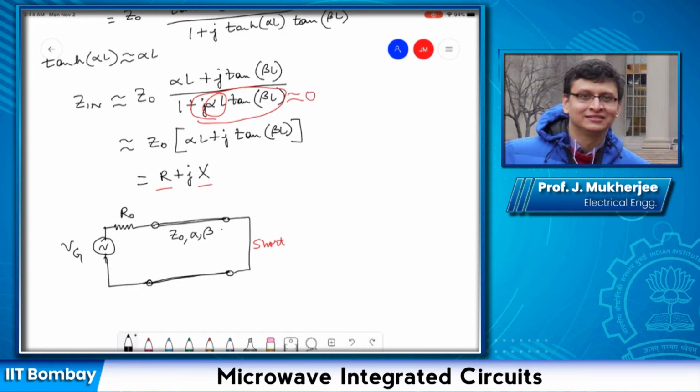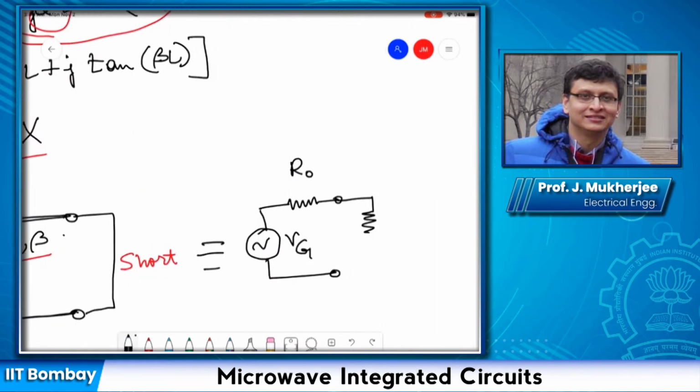These are the parameters associated with that low loss transmission line, and this has been shown to be equivalent to this. So here we are using a box for this capital X because we don't know whether it's capacitive or inductive.